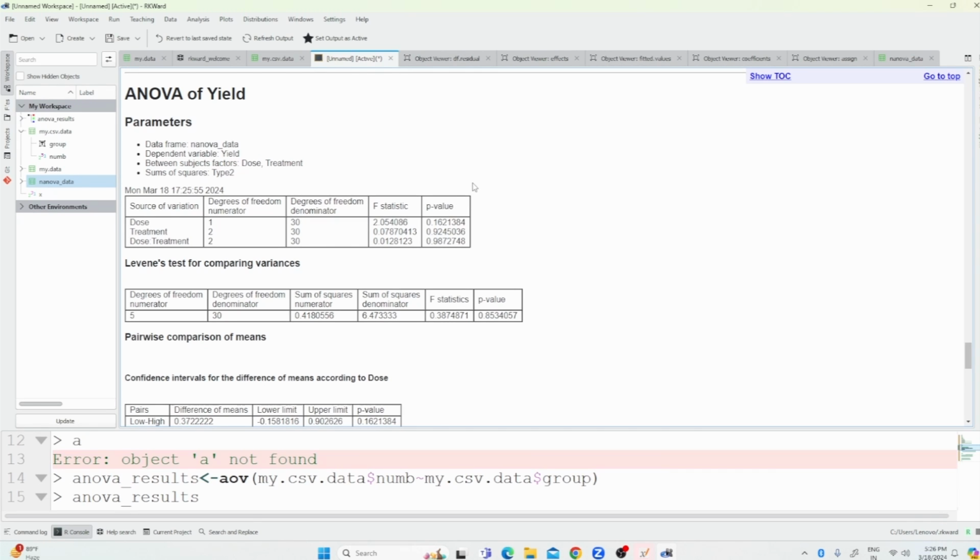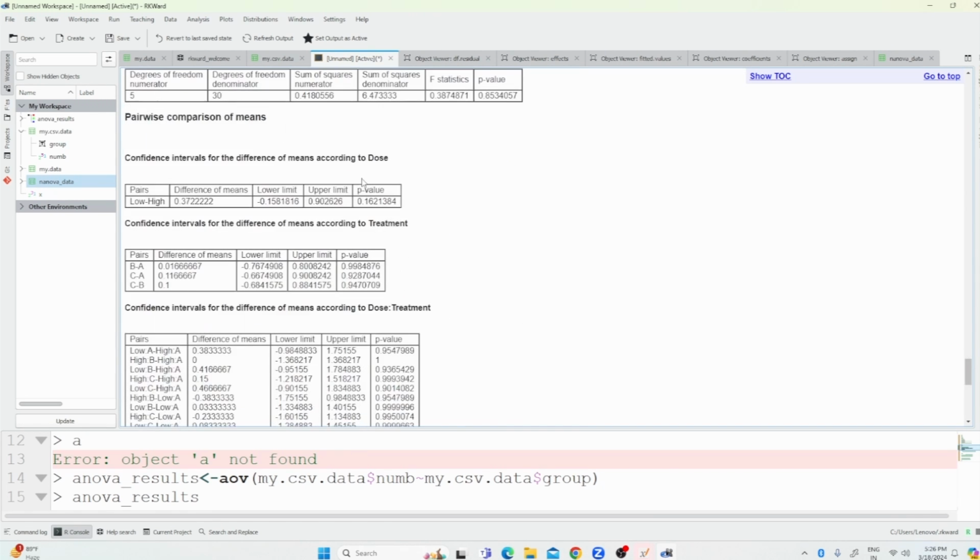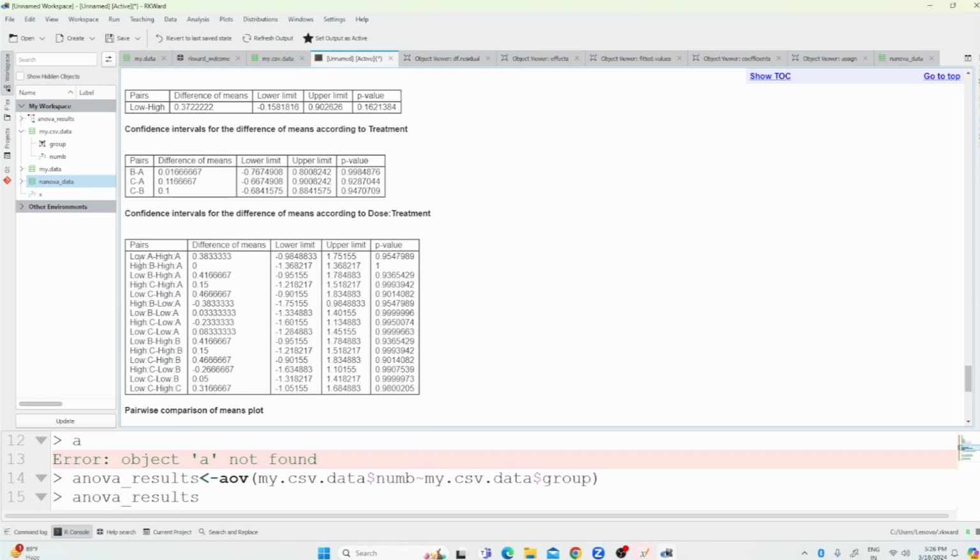Okay. Now, please see what is happening here. We have taken 30 entries of A, B, C and we have also divided them into low dose and high dose. Okay. Now, what it does is low A minus high B. So, all sorts of combinations, because there are 6 groups possible, like low A, high A, low B, high B, low C, high C. 6 groups are possible, and then there is a difference test between these two.